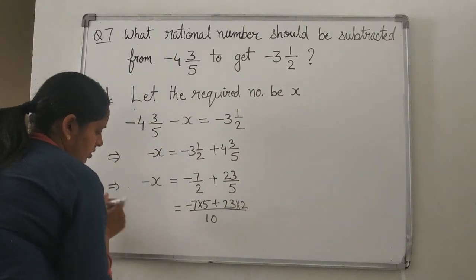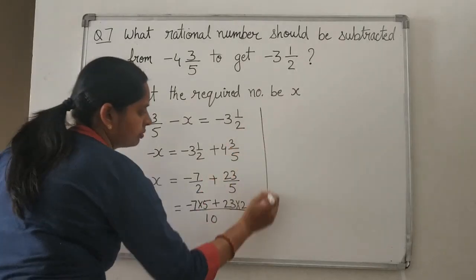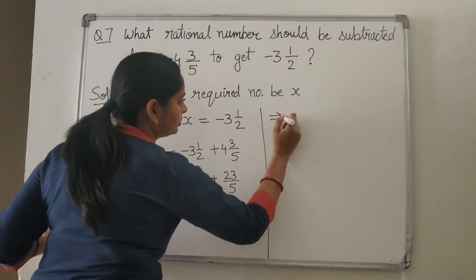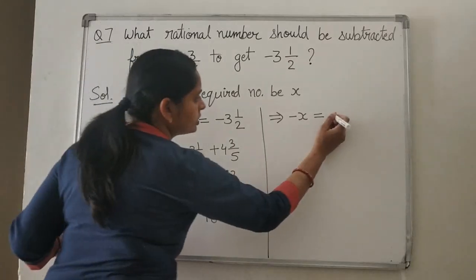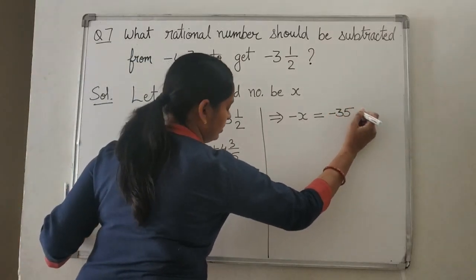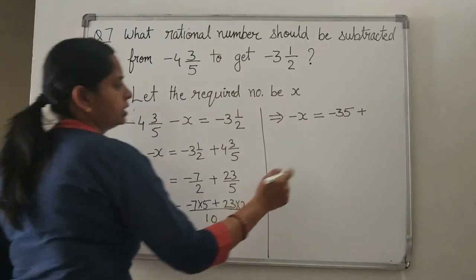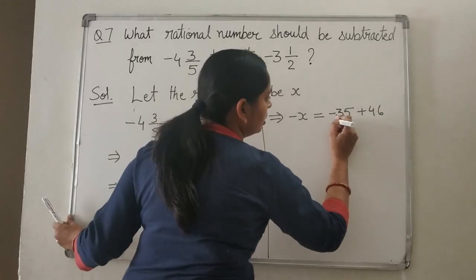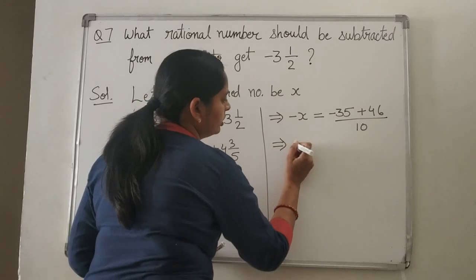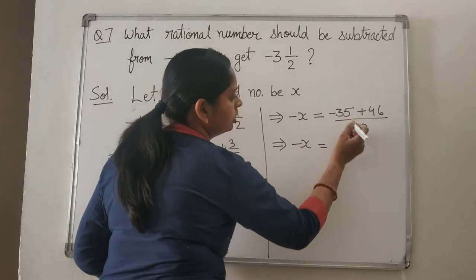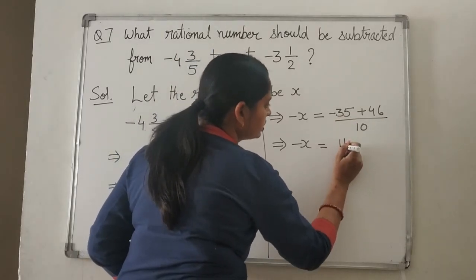So minus x is equal to minus 35 plus 23 into 2, 46, upon 10, which implies that minus x is equal to, minus 35 plus 46 will give you how much?